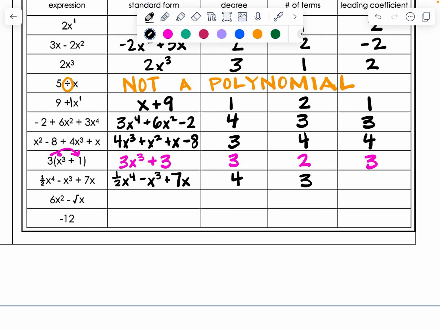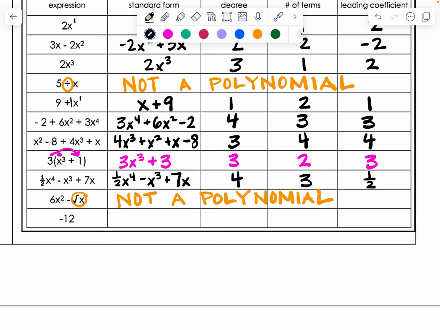The highest exponent is 4, and the leading coefficient is the 1/2. The next one, remember in the beginning it says there can't be any roots, so this again is not a polynomial. And the last one is a polynomial.